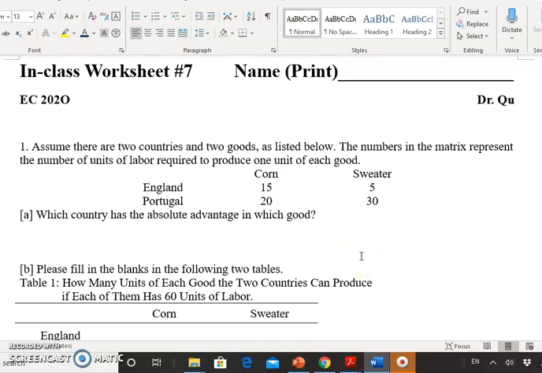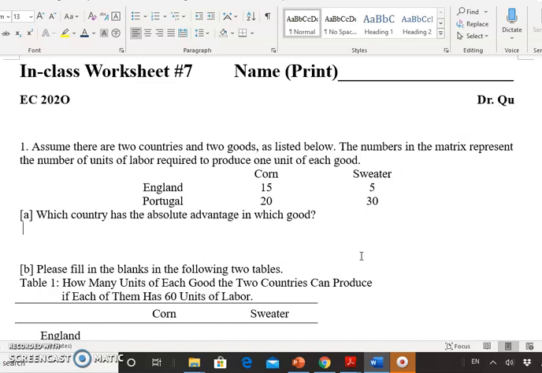This way we can go step by step and eventually show you the gains from trade. Also, after you check out this video, you would find 2 more examples on the problem set. I believe it's questions number 2 and number 3 on the last few pages of the problem set.